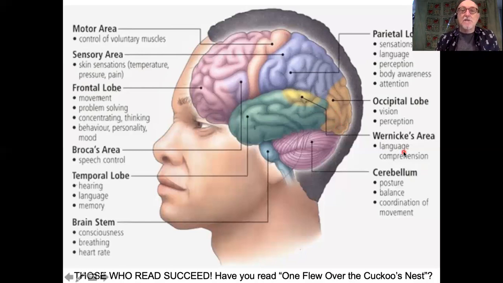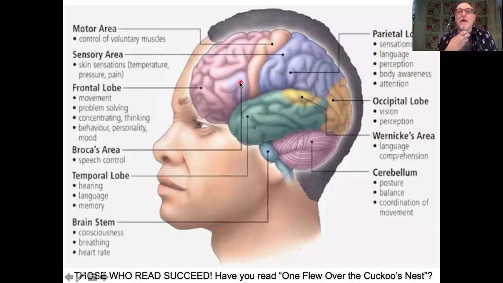So I ask you to remember a couple of places: Broca's area here, Wernicke's area here, and then also the parietal lobe. Just look there. I've asked you to remember those because Broca's area is the area of speech control.